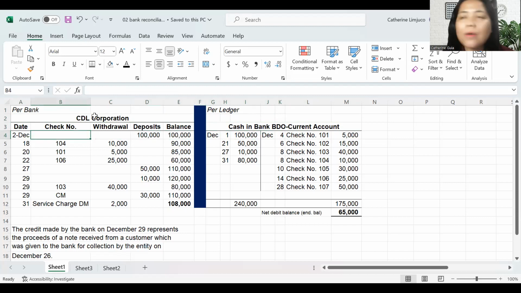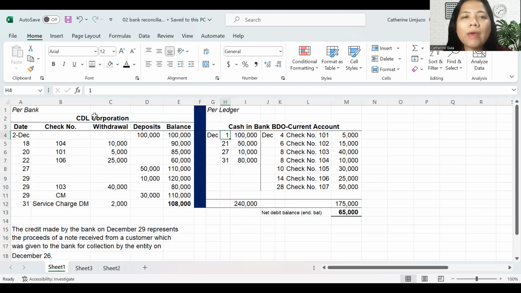And then for our bank statement, we have here the details of our bank statement. We have the date, the check number, the withdrawal, and the deposits, as well as the balance. So compared with our per ledger, the balance will appear at the end of the period, in which we get the total debits and then we get the total credits and the difference will be our ending balance.